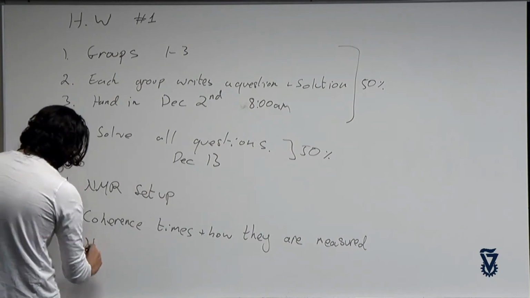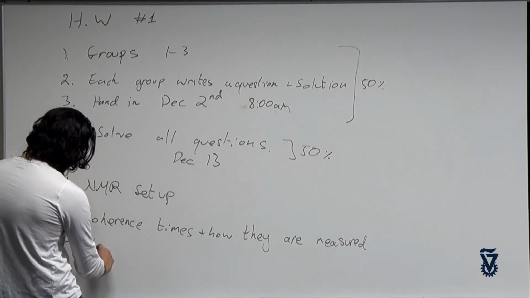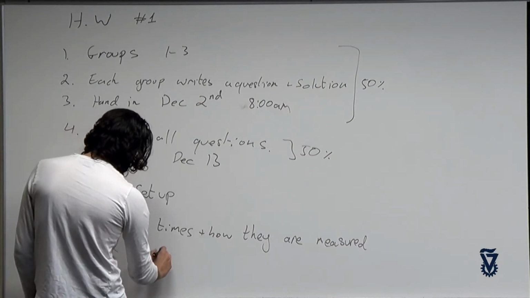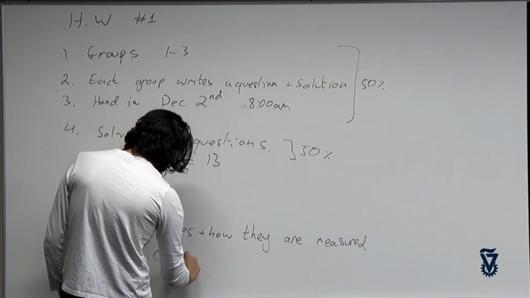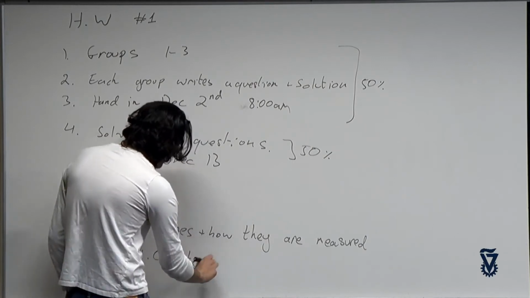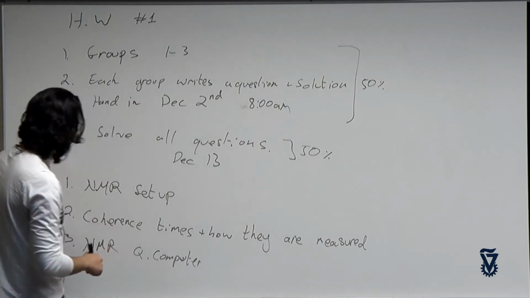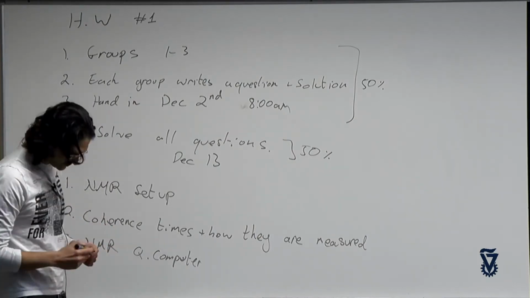Then I will show you how we can explicitly construct an NMR quantum computer, so explicitly how to run quantum algorithms on such a setup. So this is our plan for today.